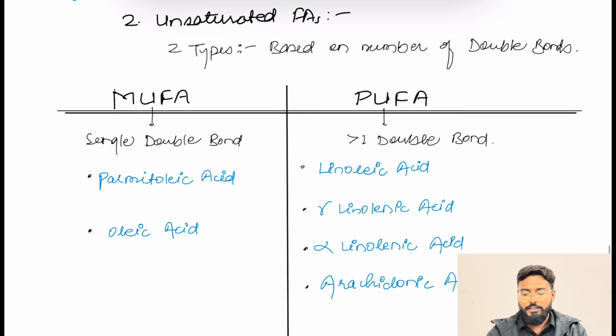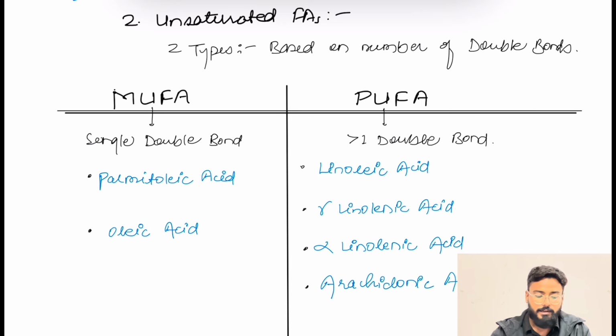Now, unsaturated fatty acids can be categorized into two types, based on the number of double bonds: MUFA and PUFA. MUFA means monounsaturated fatty acid, and PUFA means polyunsaturated fatty acids. In MUFA there is a single double bond, and in PUFA there is more than one double bond.